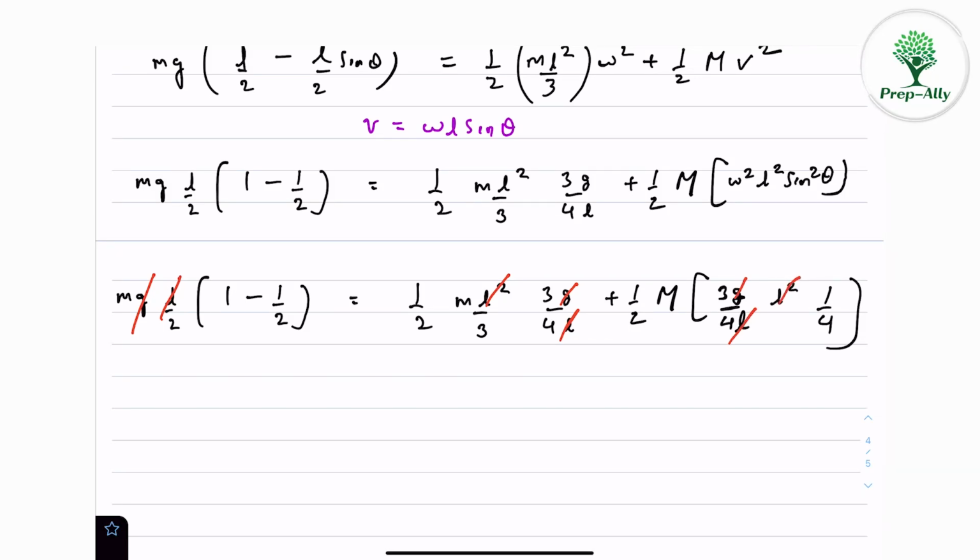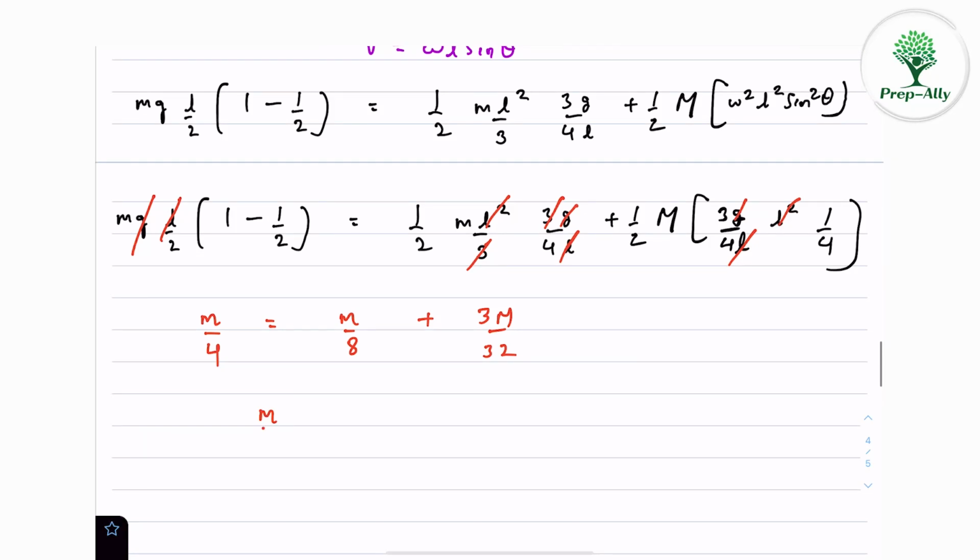And what do we get? We get m by 4 is equal to m by 8 plus 3m by 16. It is coming 4 into 4, sorry, 32.